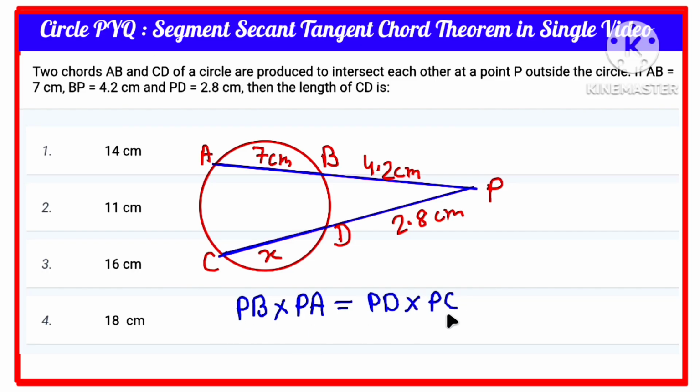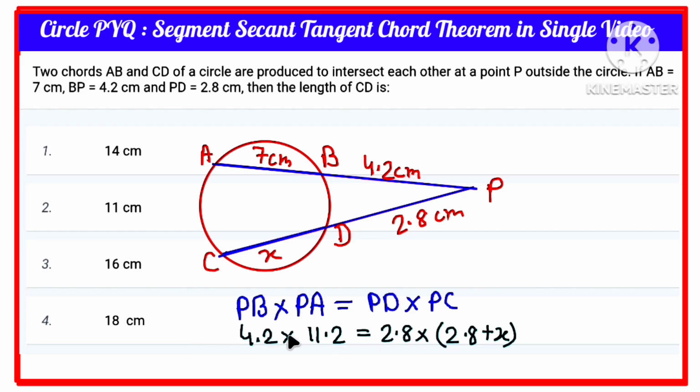Now let us put the values and find out our answer. Here PB, that is this much, is 4.2. So write 4.2 multiplied by PA, that is from here till here. Directly add 7 plus 4.2, you will get 11.2, is equal to PD, means here till here, that is 2.8, multiplied by PC, from here till here, that means 2.8 plus X. Now let us solve and find out our answer.